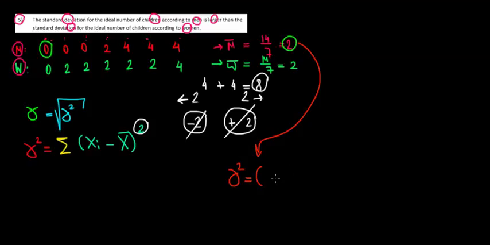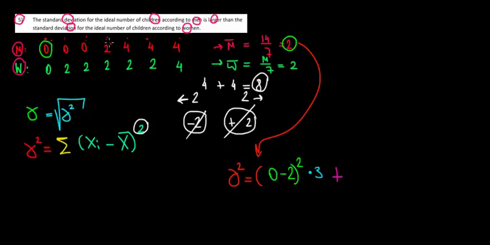So that's going to be (0 - 2) to the power of 2, plus the second one. We have another observation of 0. By the way, let's be a bit more practical here. We'll have 3 differences like that: 0, 0, 0. So (0 - 2) to the power of 2 is going to happen 3 times. Let's just multiply by 3 to save some time. Otherwise, the video is getting too long.